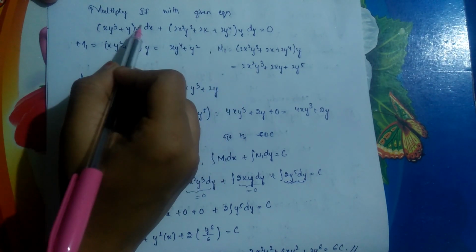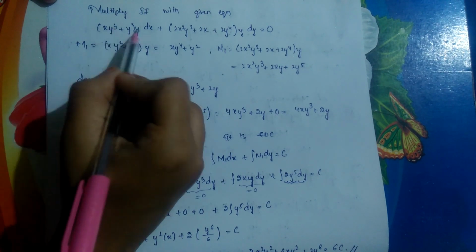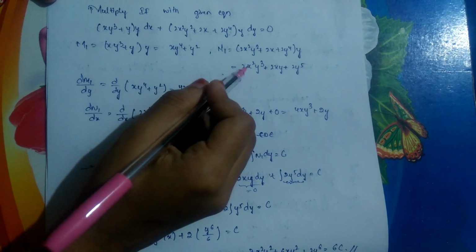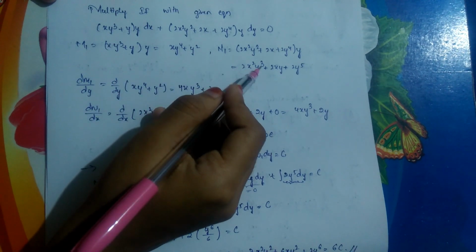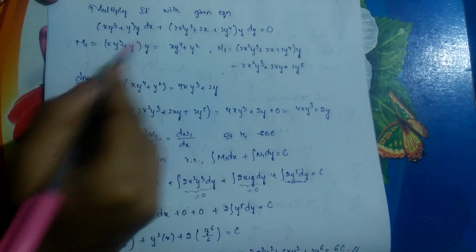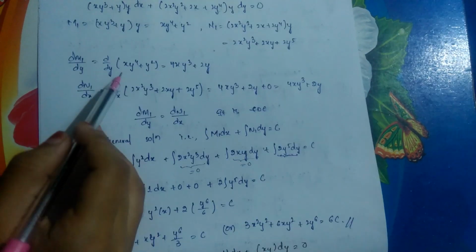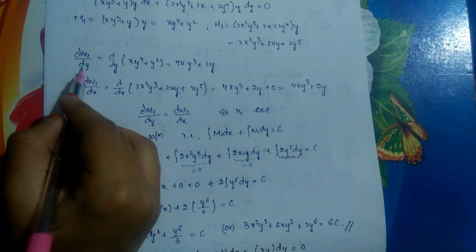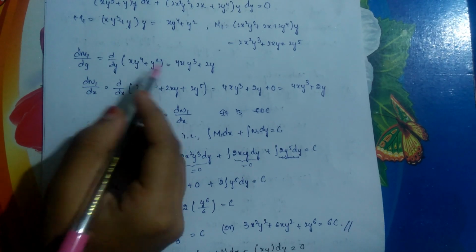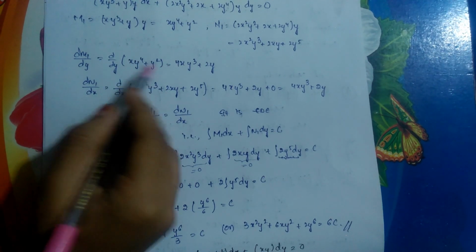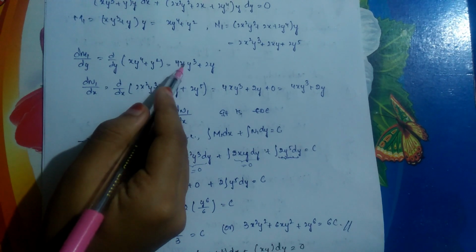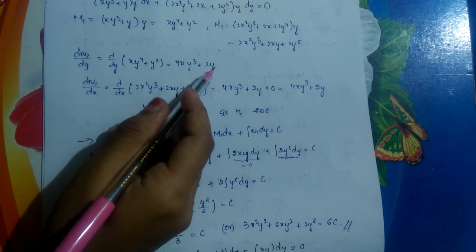Simplify this, multiply y to the inside terms. Then we get M1 as x y power 4 plus y square and N1 as 2x square y cube plus 2xy plus 2y power 5. Now differentiate M1 and N1. So ∂M1/∂y equals ∂/∂y of (x y power 4 plus y square). Here x is constant and y power 4 differentiation is 4y cube, so that is 4xy cube, and y square differentiation is 2y.